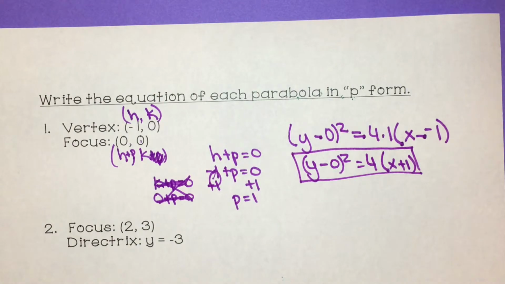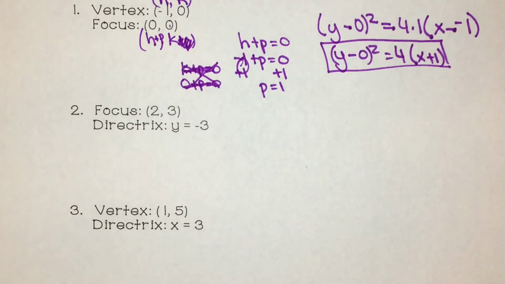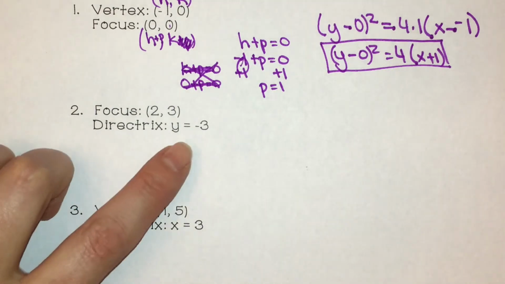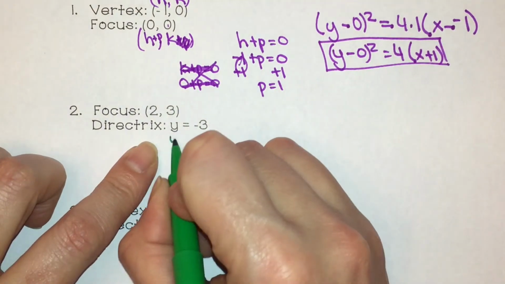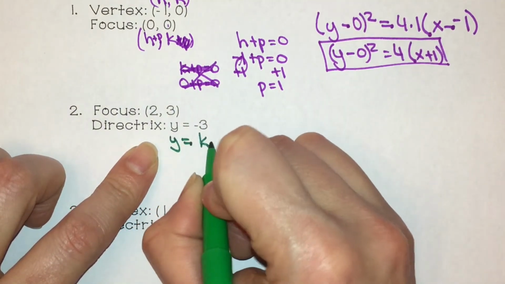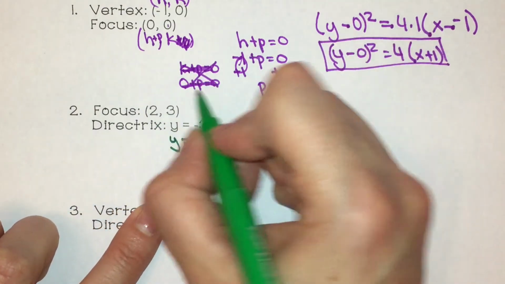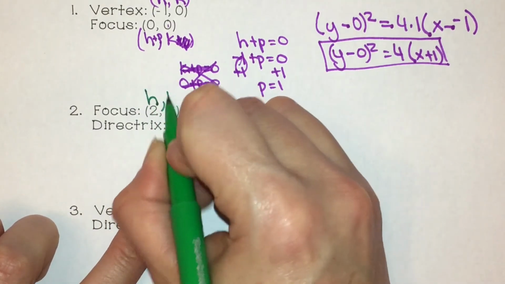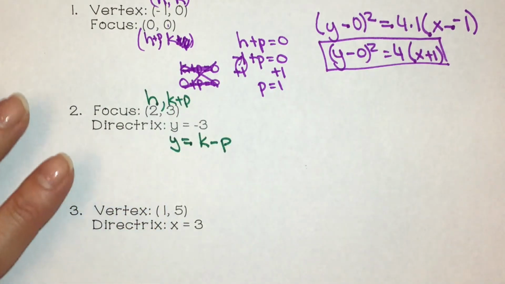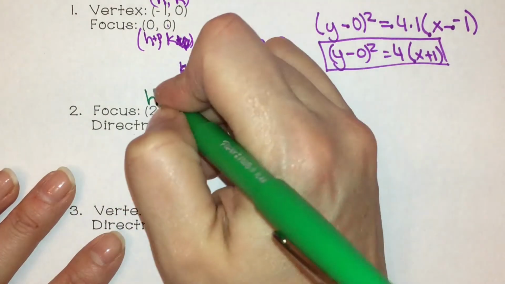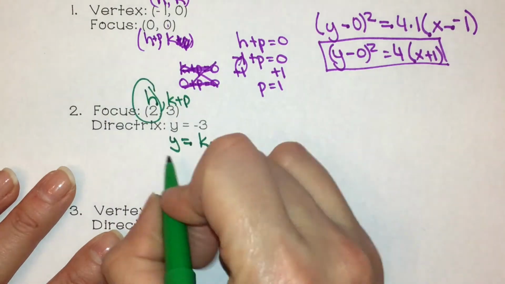All right, next. We have the focus, and the directrix is y equals negative 3. So we're going to have to use y equals k minus p, and the focus is at (h, k + p). So hopefully you've done the math. You know that h equals 2.